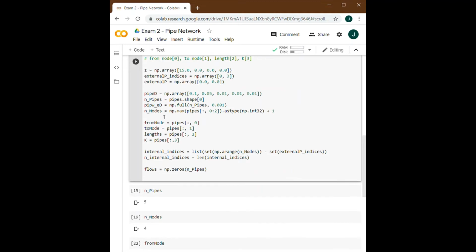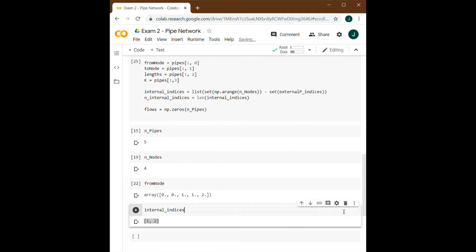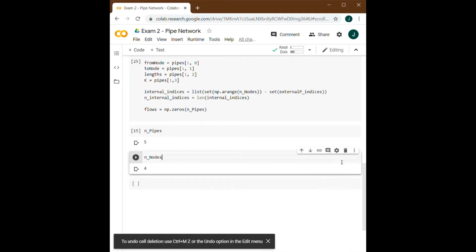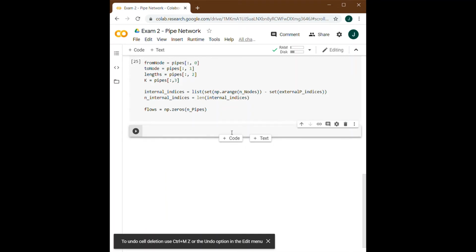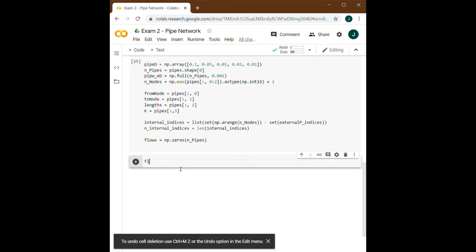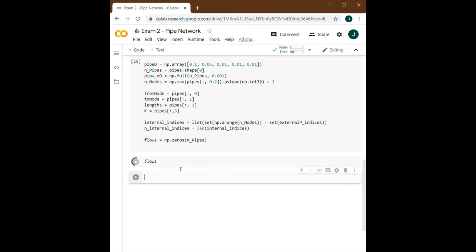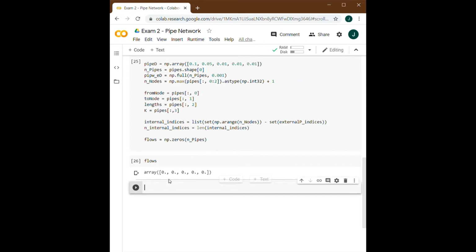What that looks like, we can get rid of these now that they've served their use, is an array of 5 items, 5 pipes, 1, 2, 3, 4, 5, of all zeros.